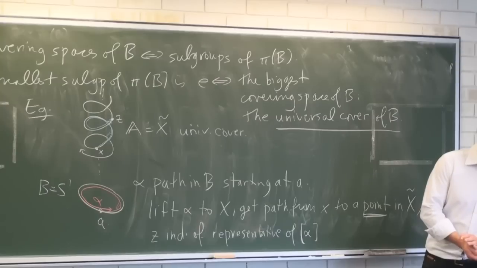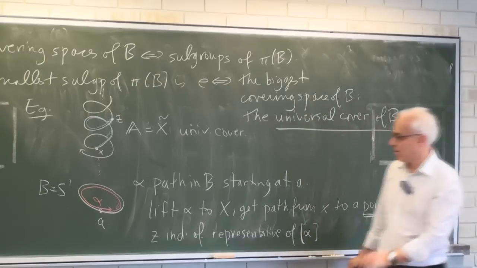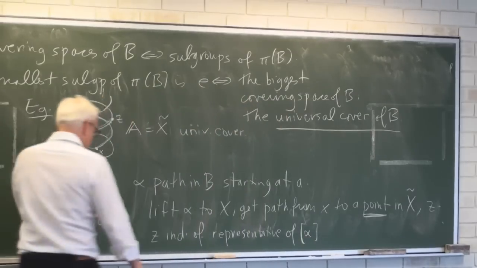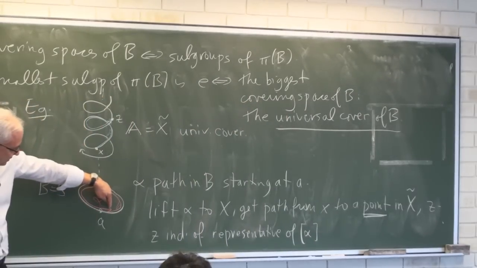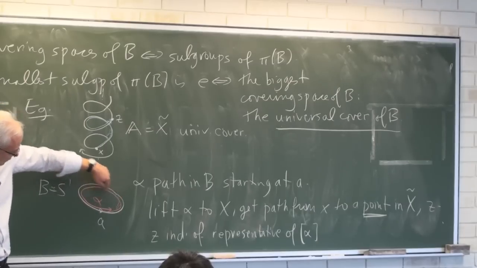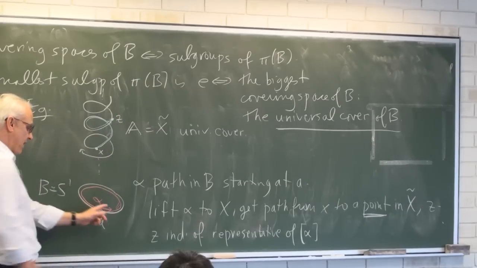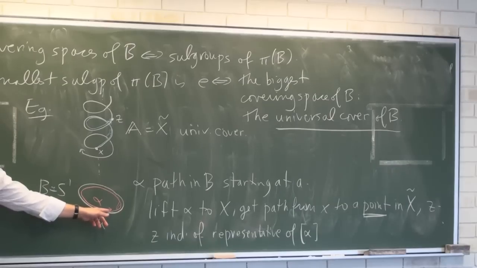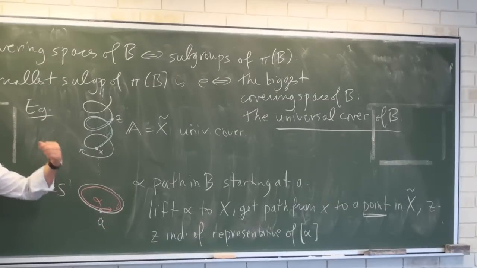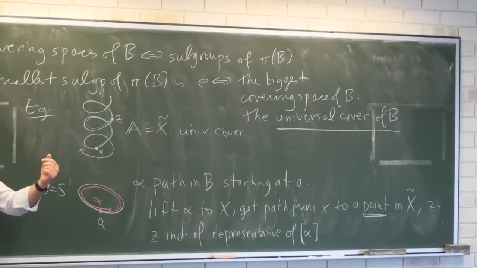Sorry? Have you line alpha back to A? Not if its endpoint is fixed. So we're going to go along alpha to wherever it stops, and we're going to stop alpha at that point there. They're homotopic classes in the sense of having a fixed starting point and fixed endpoint.